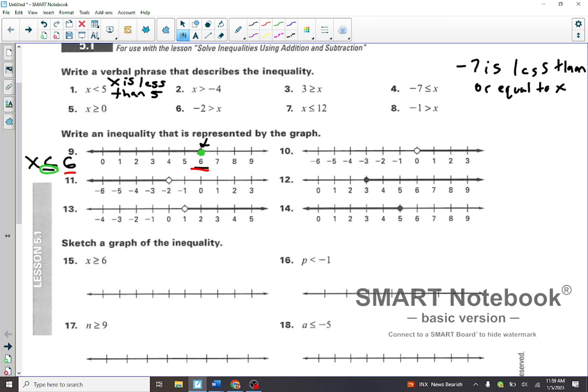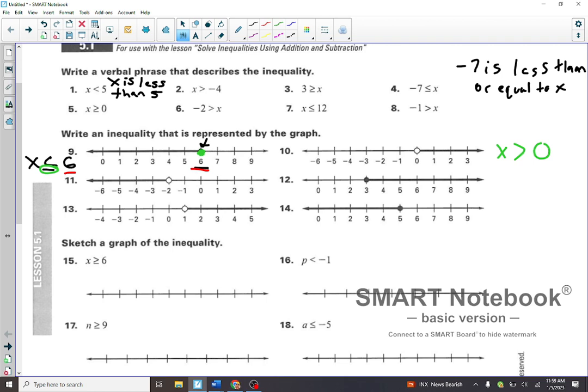While this one is at 0 and an open circle. So that's going to be x is greater than 0, so it's bigger than 0. No line underneath. Very important. No line underneath on that one, okay?